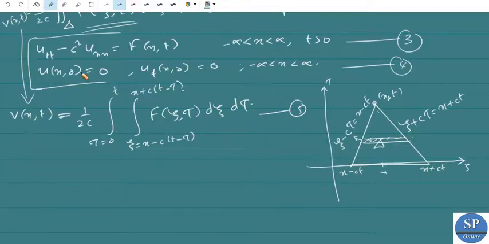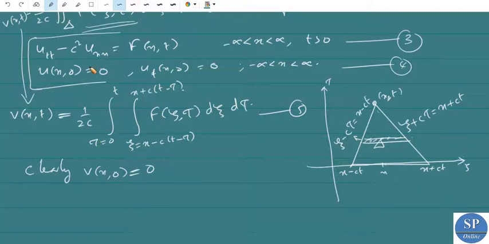So V satisfies this condition, because V of x, 0 is equal to 1 by 2c into t equals 0 here, so 0 to 0 will be there. So 0. So this satisfies this condition. Now we have to verify this condition and this differential equation.